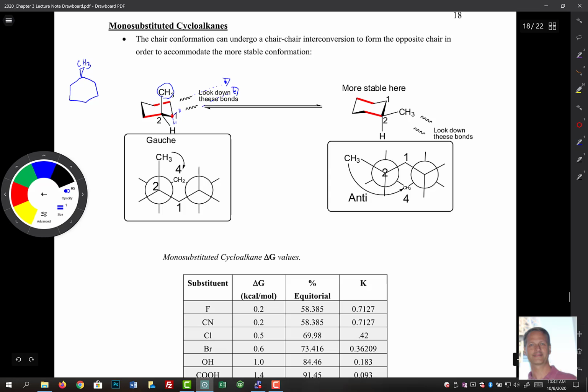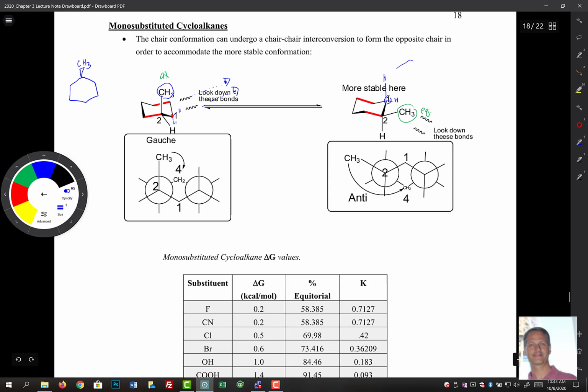So what we're going to have here is an H pointing up and an H going at our equatorial position. Because remember, we said that everything that is axial becomes equatorial. So the way we start off here is we take our number 1 position and we pull it up to that position.